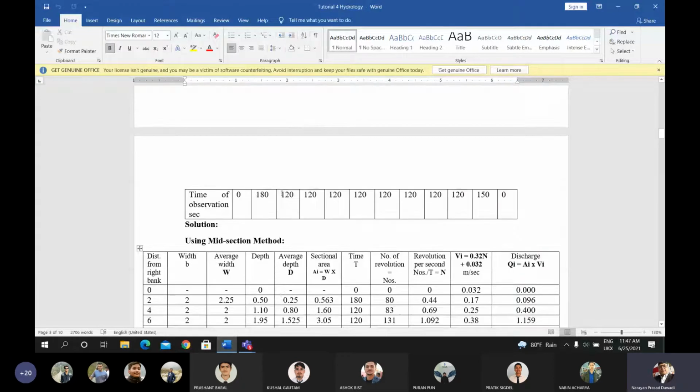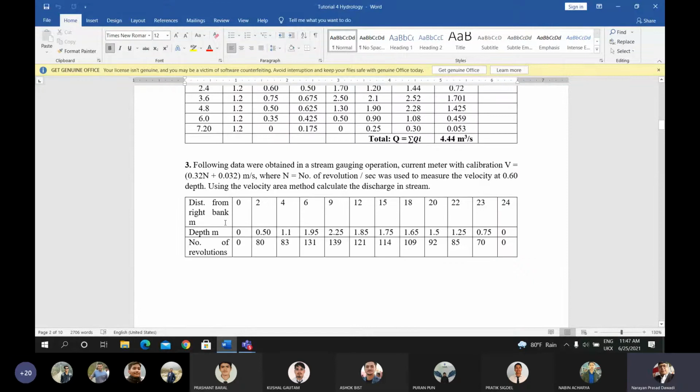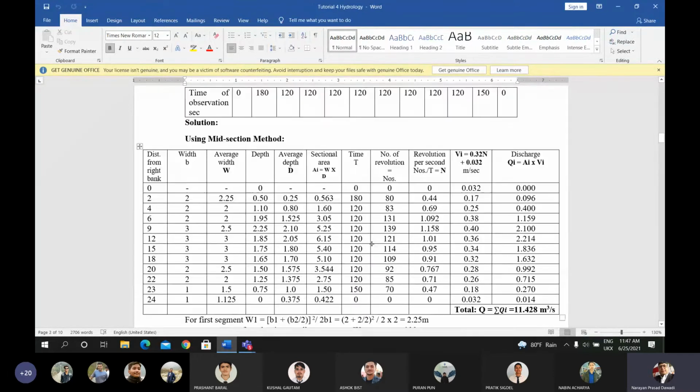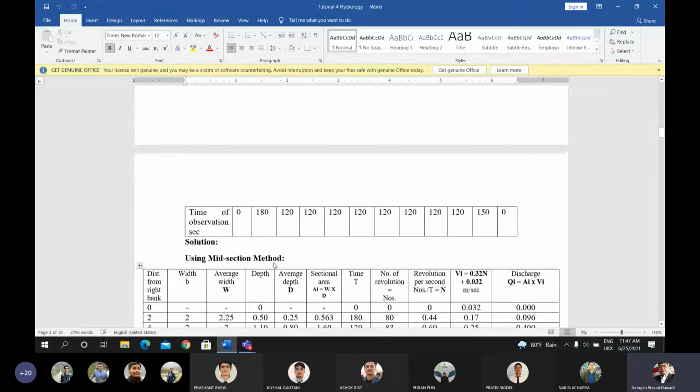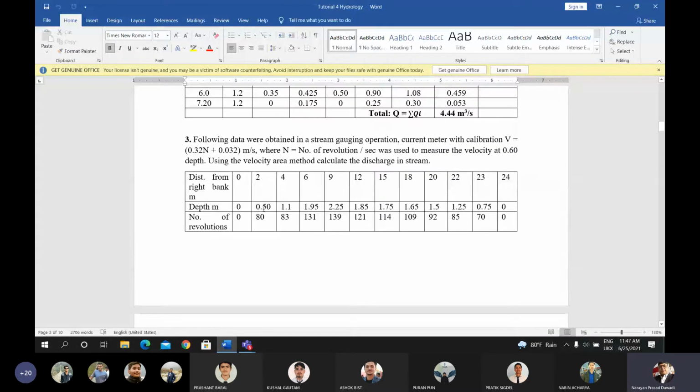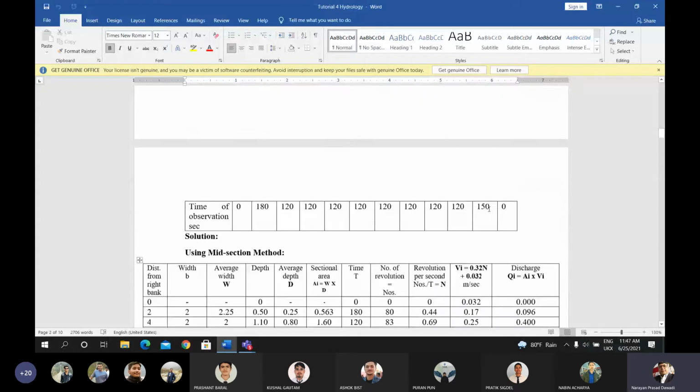Okay. Now the depth of flow is measured for the respective widths: 0.5, 1.1, 1.95, 2.25, etc. In this way, I have put the values 0.25, 0.5, 1.1, 1.95, 2.25, 1.85, which are given in the question, 0.5 to 0.75.